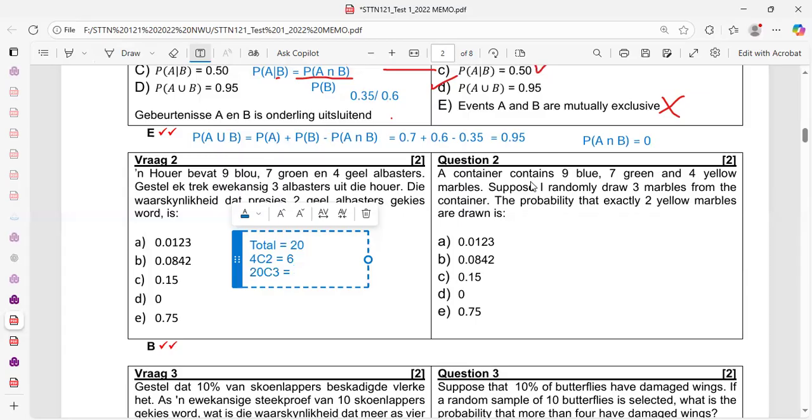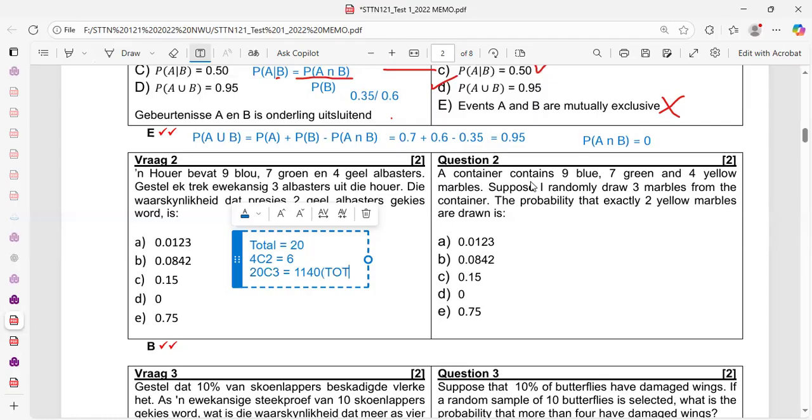When you check 20 combination 3, you will get 1140. So 1140 is the total number of ways, the one that we're going to divide our probability with.